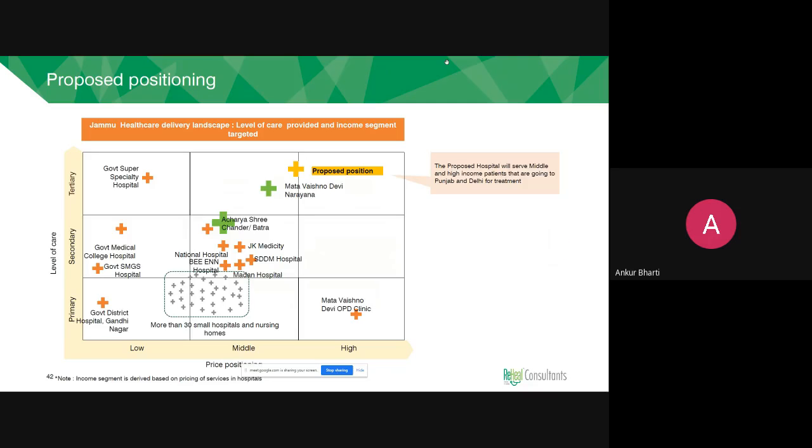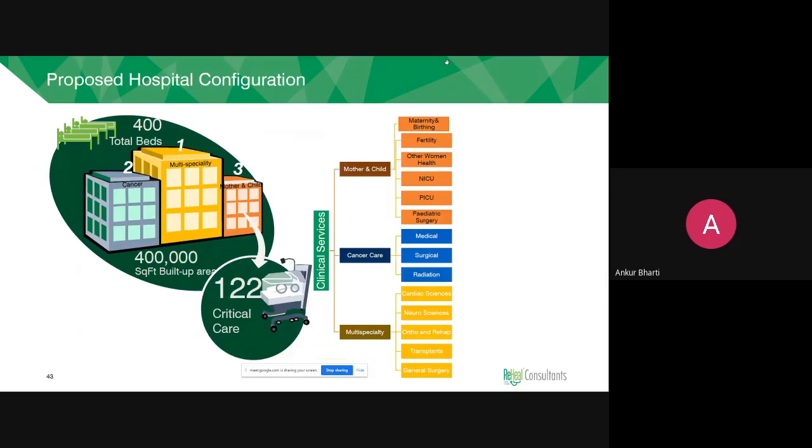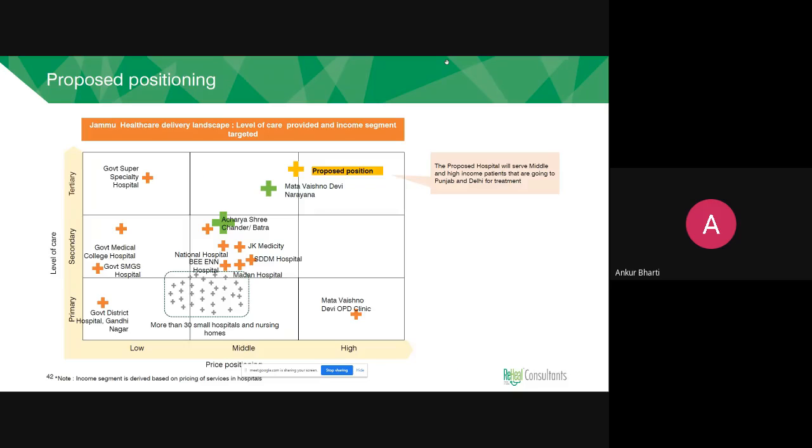We created a positioning. Again, this was based on the research and what we came to understand from the market, what kind of position this proposed hospital should have in the market based on pricing and level of care. Obviously, in the previous slides, we saw that the top end was the gap we had: a high to mid-end pricing tertiary care hospital.